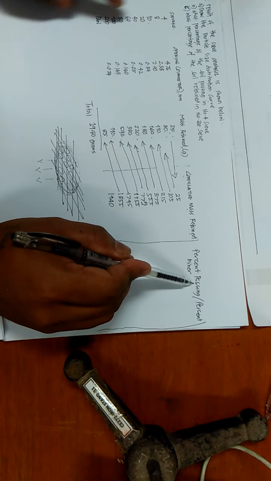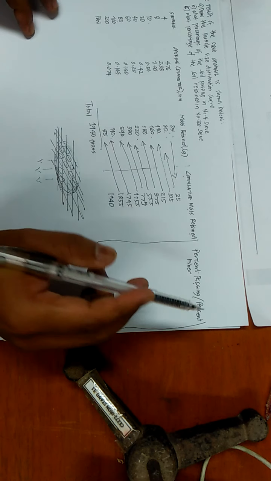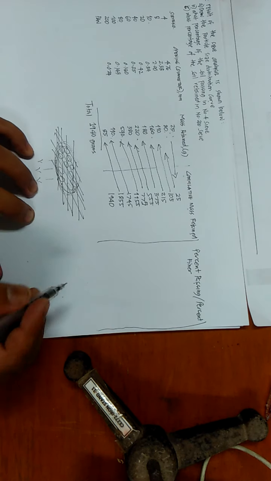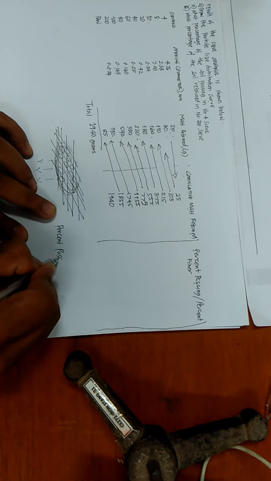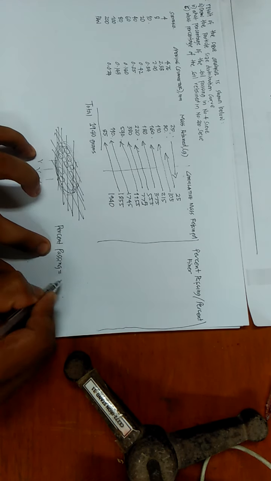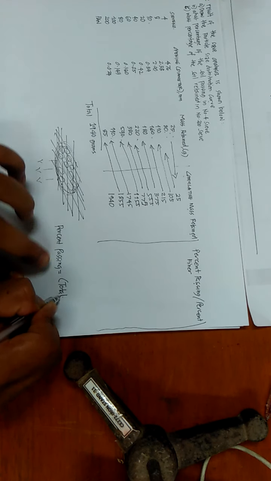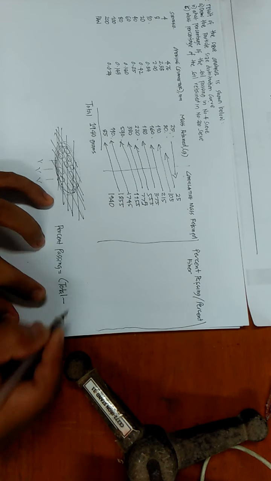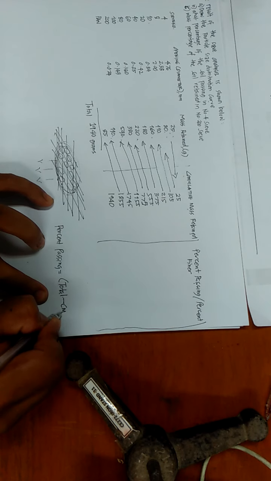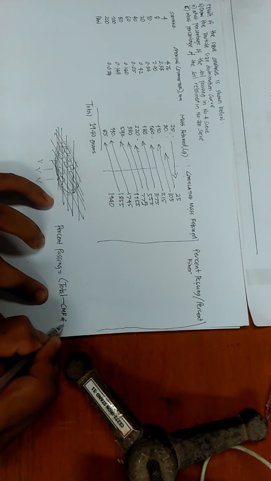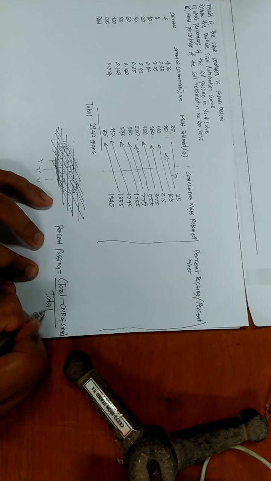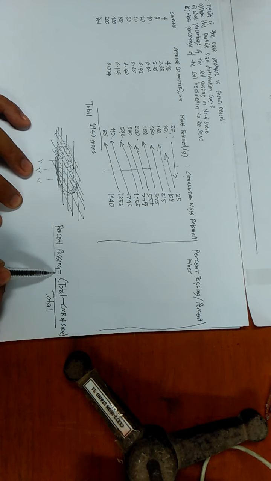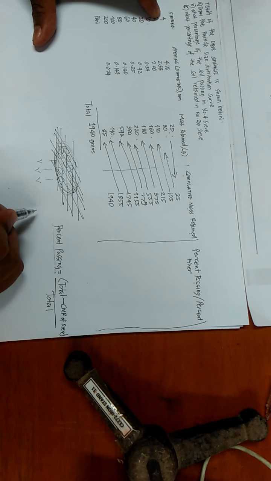The formula would be: percent passing is simply equal to the total of mass of your soil sample minus the cumulative mass retained of the sieve, divided by your total.